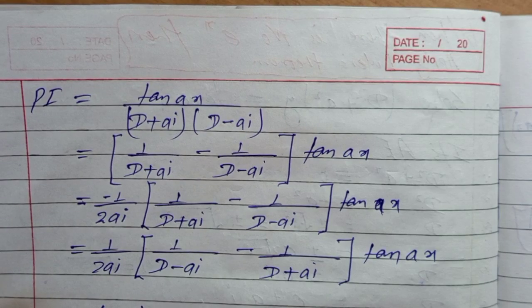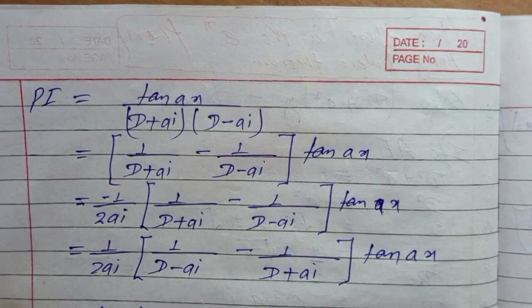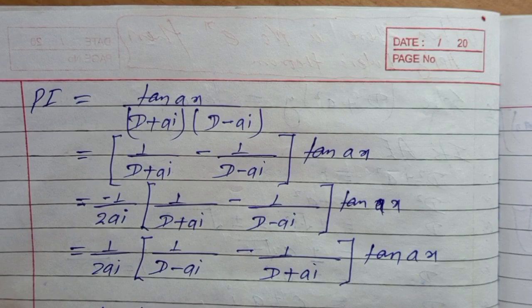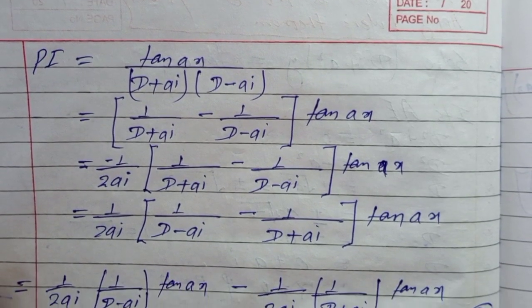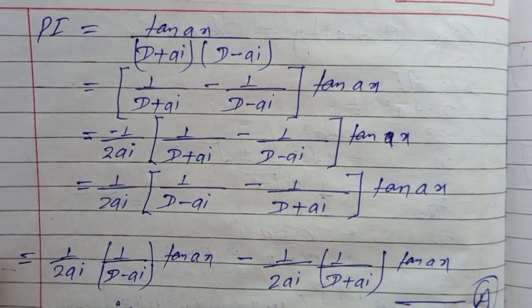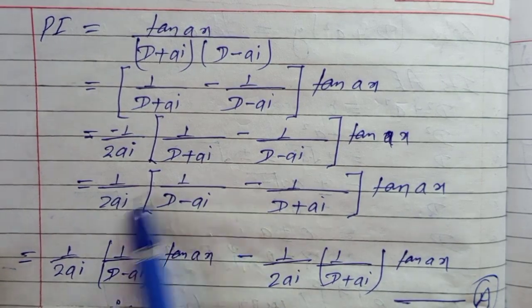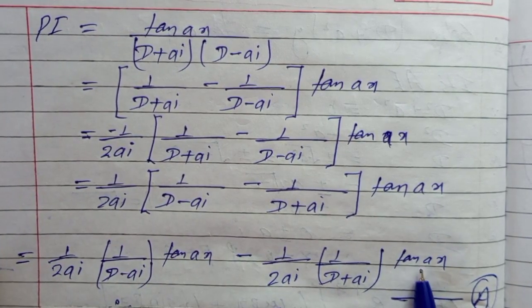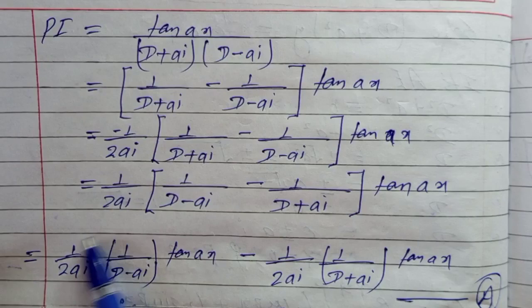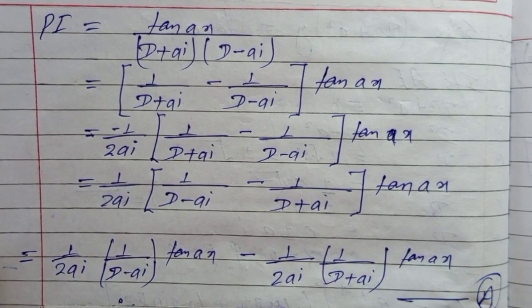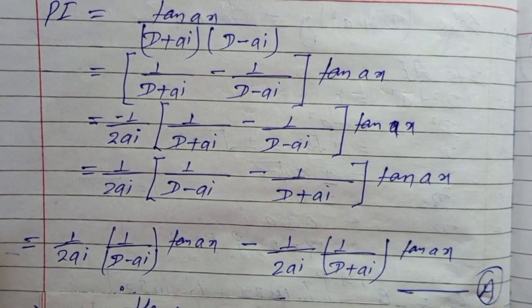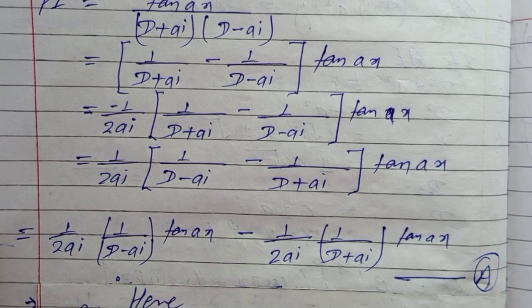So this is our partial fraction concept. As we have discussed already, here we send tan ax to both of them, so that on separating we get one term and two terms, similar to PI1 and PI2. Let this equation be our equation A.